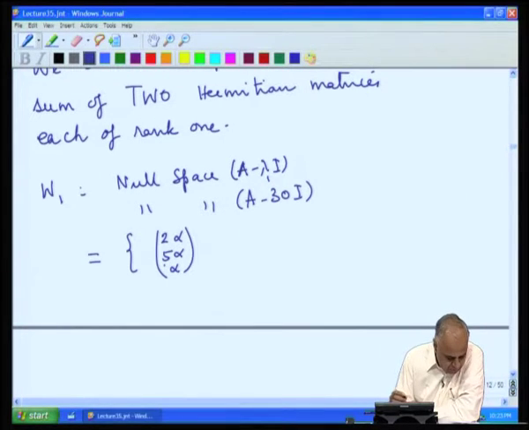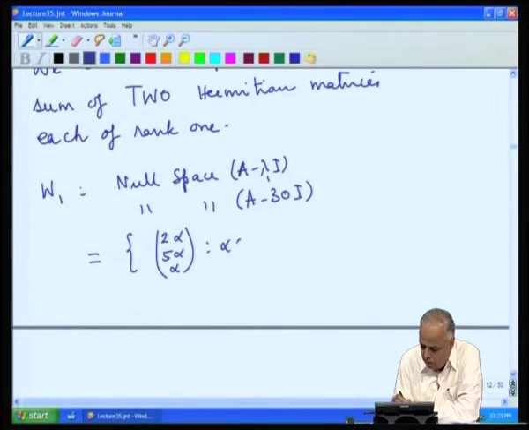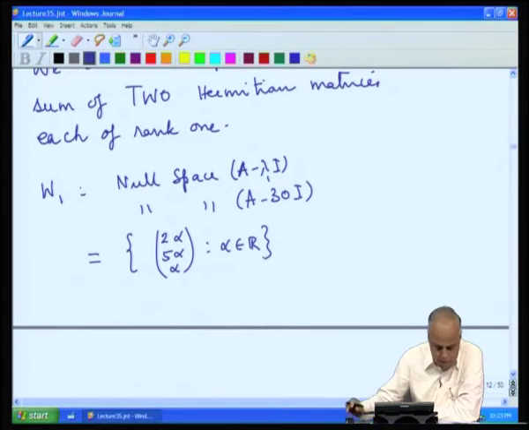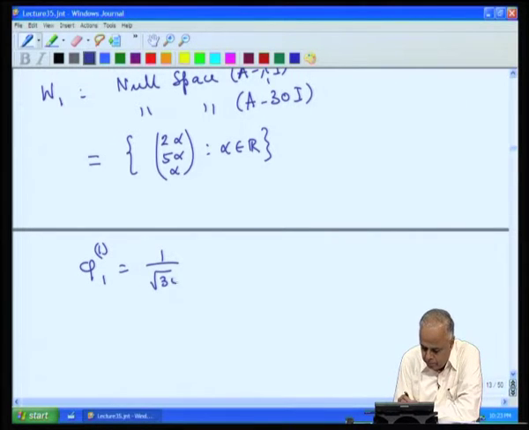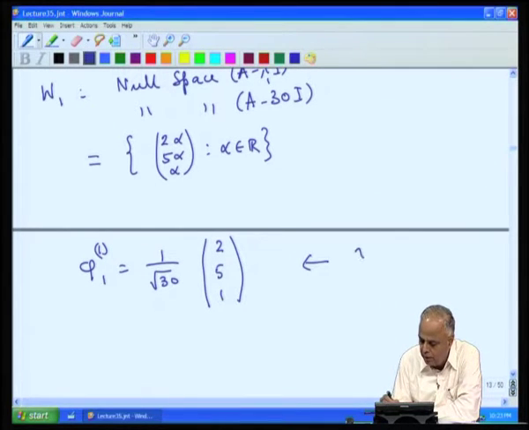2 alpha, 5 alpha, 1, where alpha belongs to R, and therefore, an orthonormal basis for that is 1 by root 30 into (2, 5, 1). So, that corresponds to lambda 1 equal to 30.